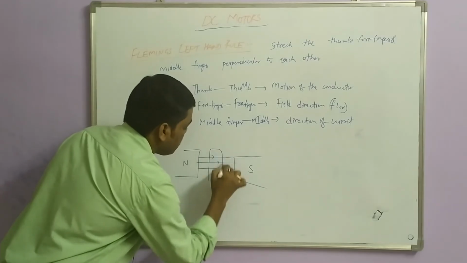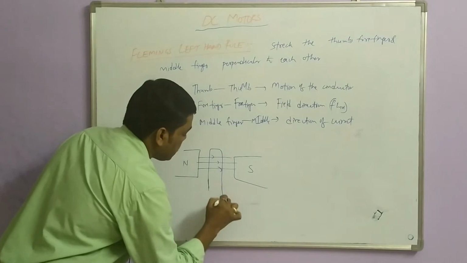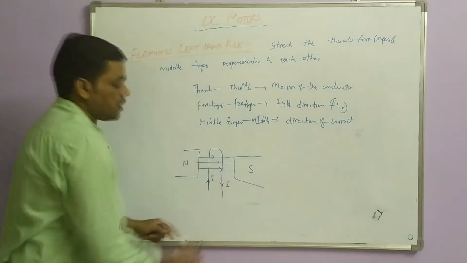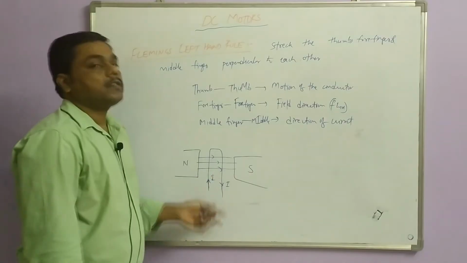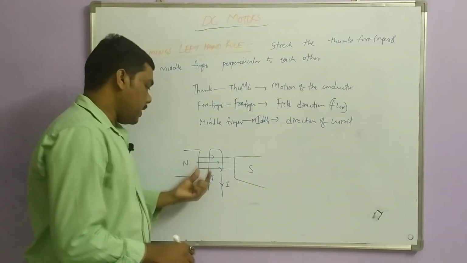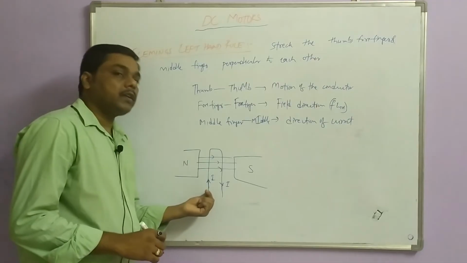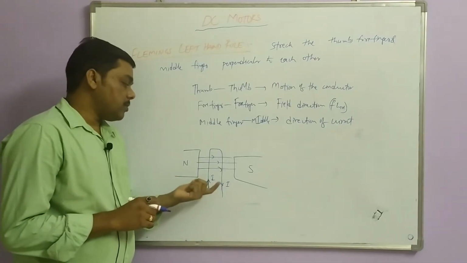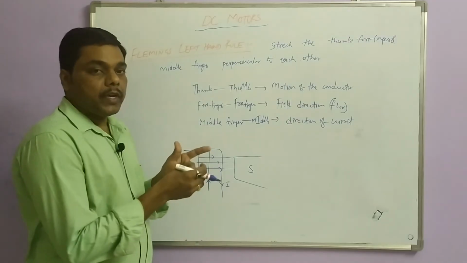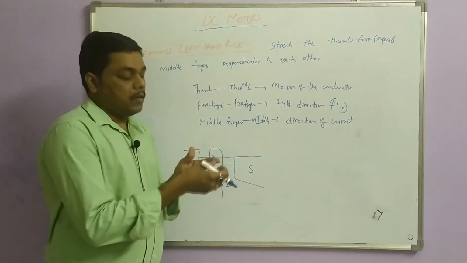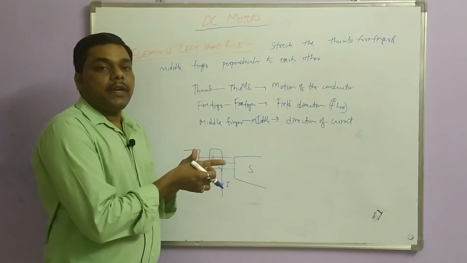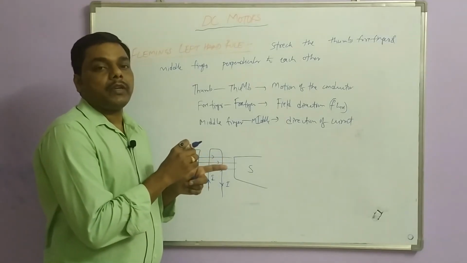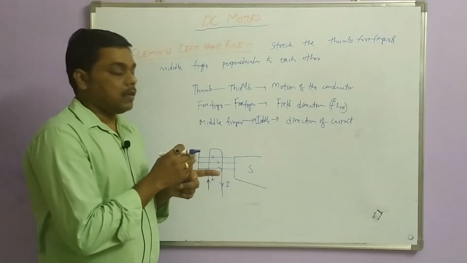Now if you place a conductor having current I inwards and another conductor with current outwards, what is the direction of motion of these conductors with respect to Fleming's left hand rule? We know that in Fleming's left hand rule, the middle finger indicates the direction of current, the forefinger indicates the field direction, and the thumb determines the direction of rotation, that is, the motion of the conductor.